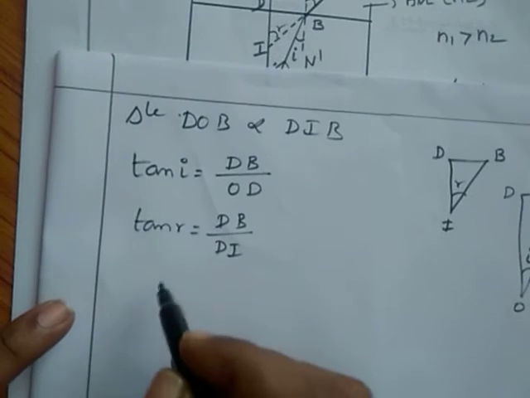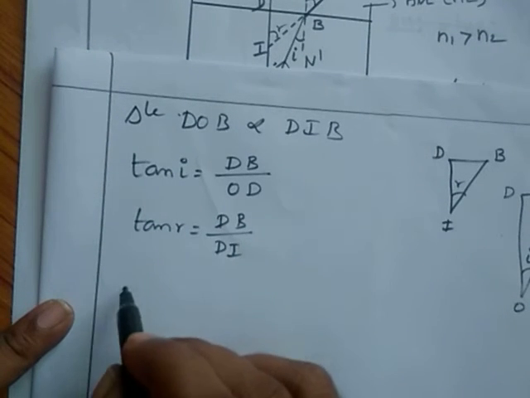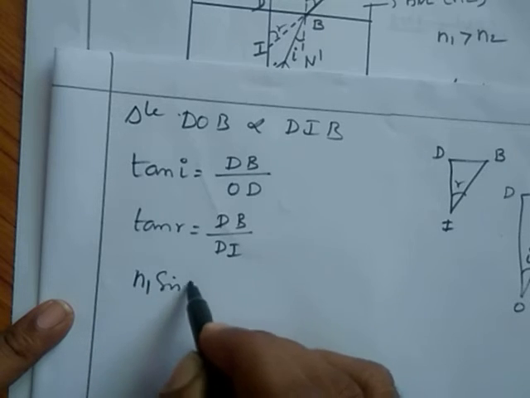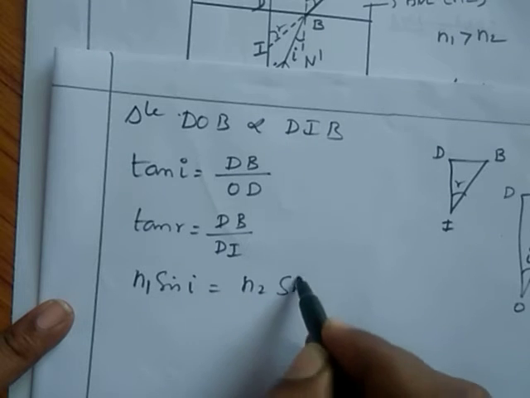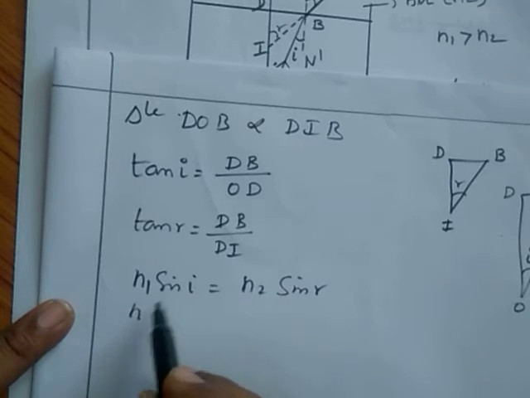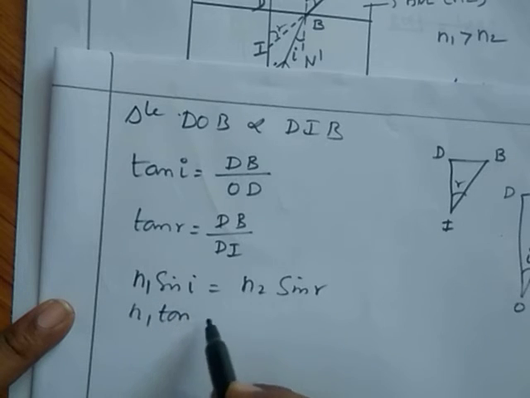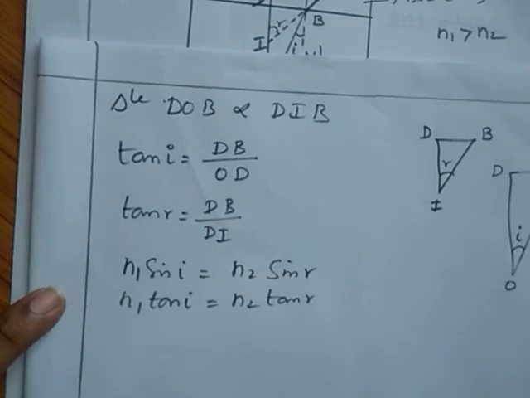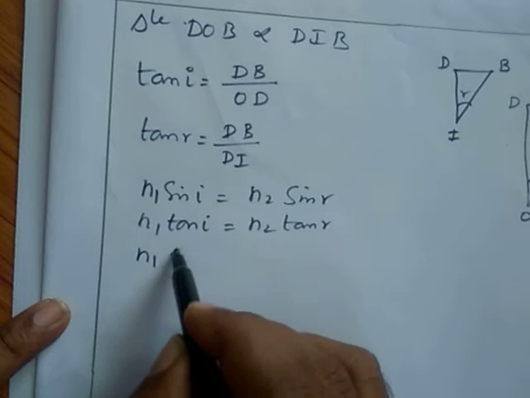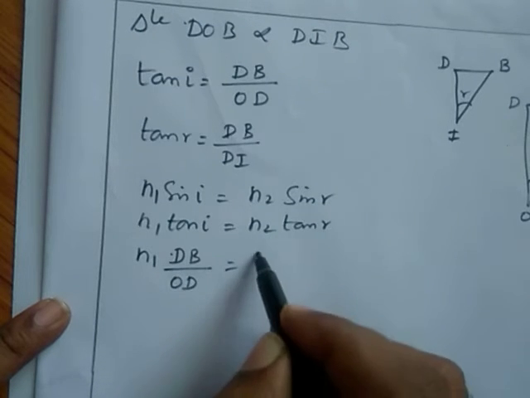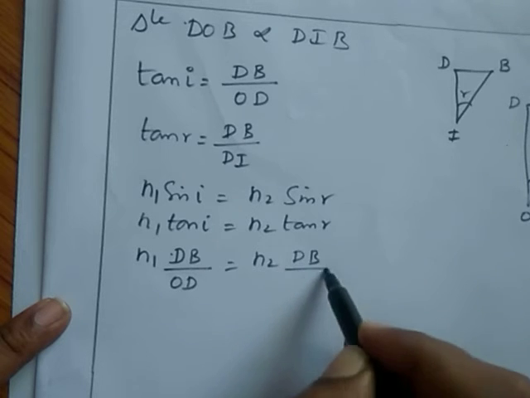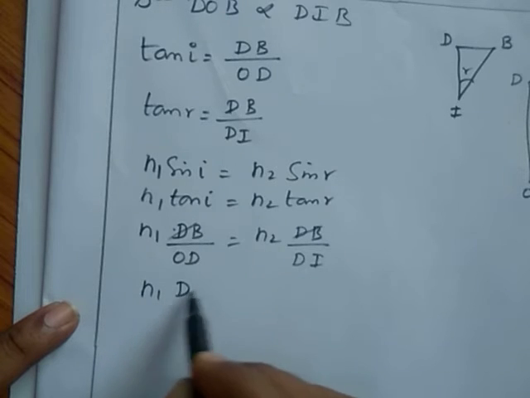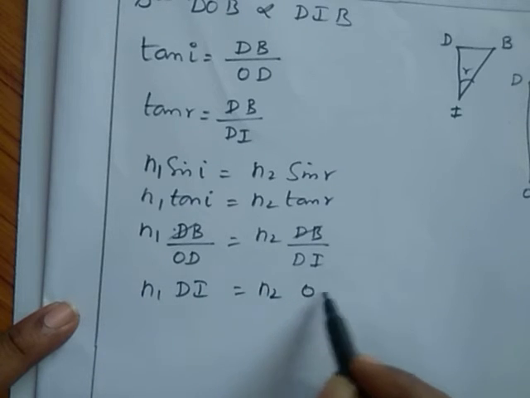Then substitute these into Snell's law. We know N1 sin I is equal to N2 sin R. Here I and R are small, so we can write N1 tan I is equal to N2 tan R. Substitute the above two values in the expression. Then N1 tan I becomes DB by OD, and N2 tan R becomes DB by DI. Here DB gets cancelled. Then we can write N1 DI is equal to N2 OD.